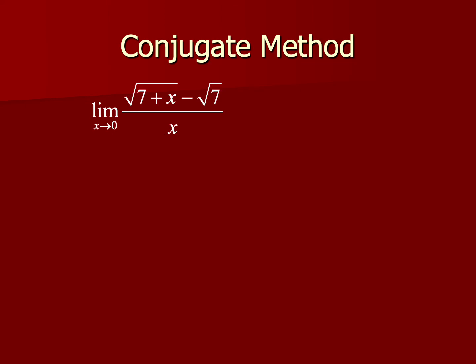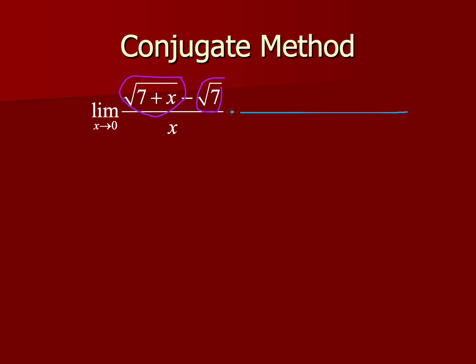Now let us take this example. I have here clearly root of 7 and the root of something, 7 plus x. I don't have factoring, so the conjugate is useful here. Now I need to multiply up and down by the conjugate.